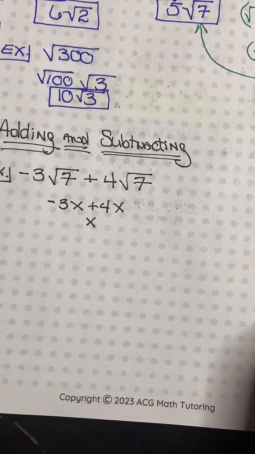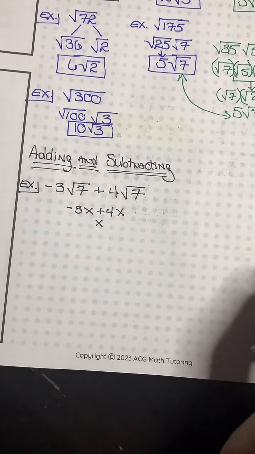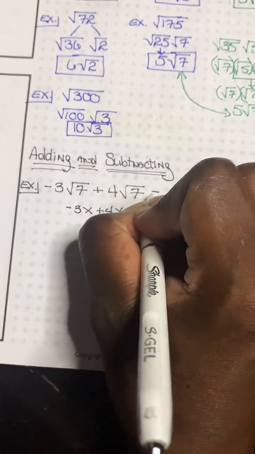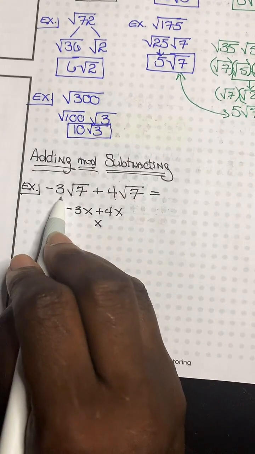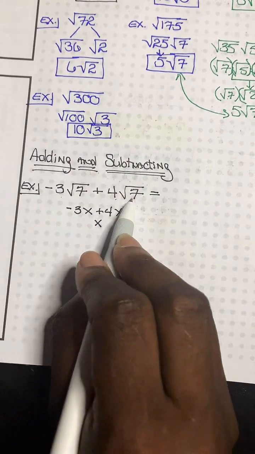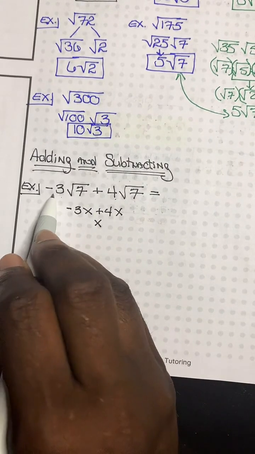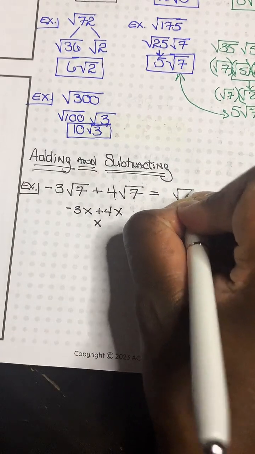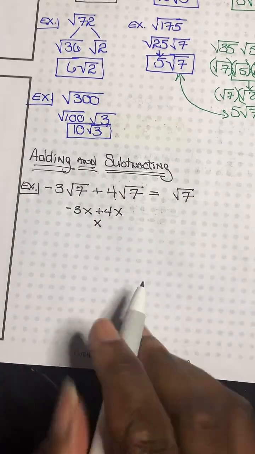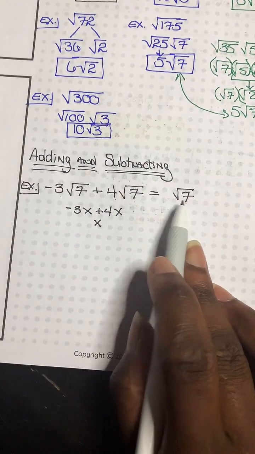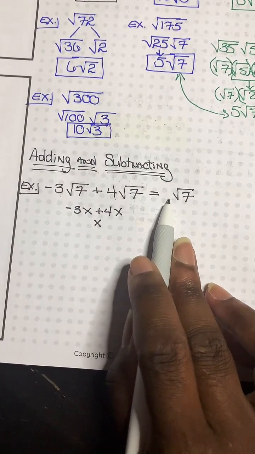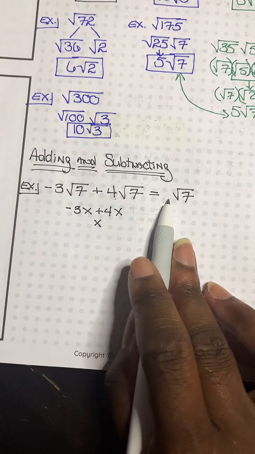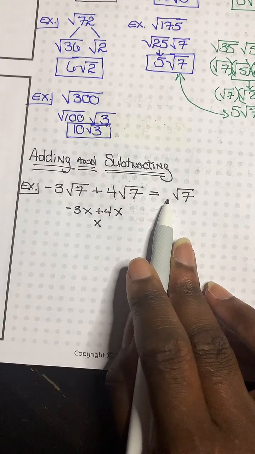So all we're doing is combining your coefficients, but you're keeping the radicals. -3 plus 4 will give me 1 square root of 7, or just the square root of 7, because if you don't see anything as a coefficient, it's always assumed to be a 1.